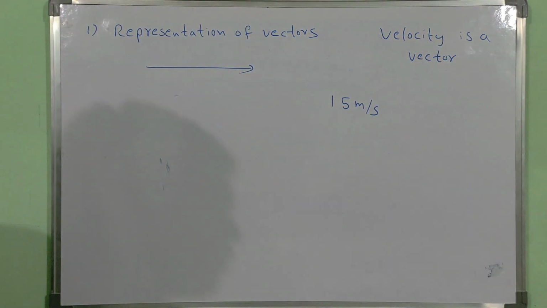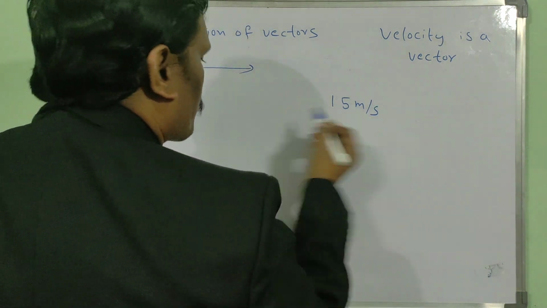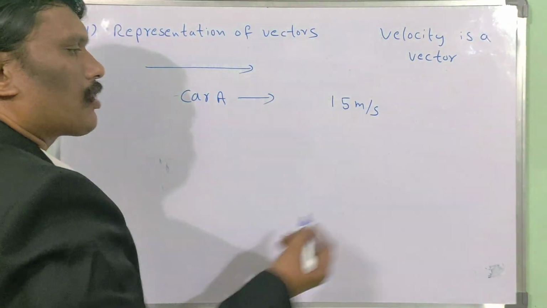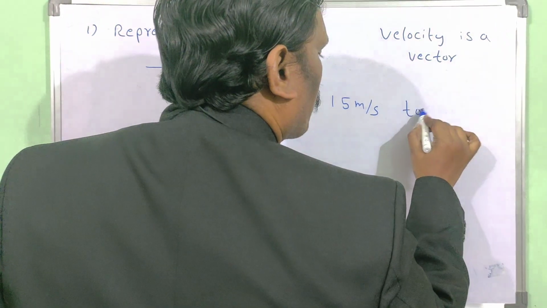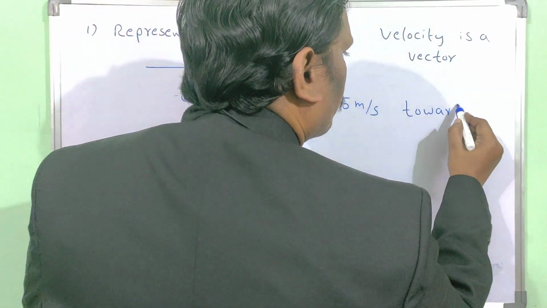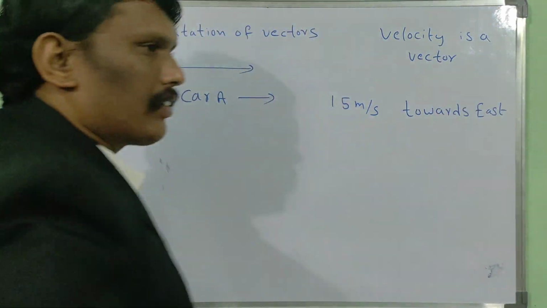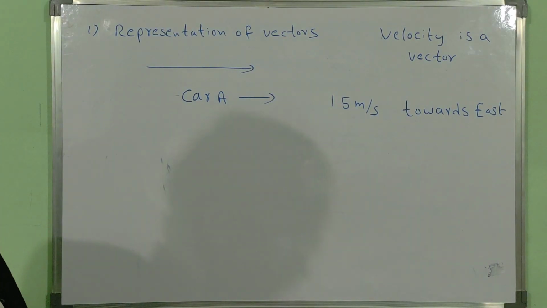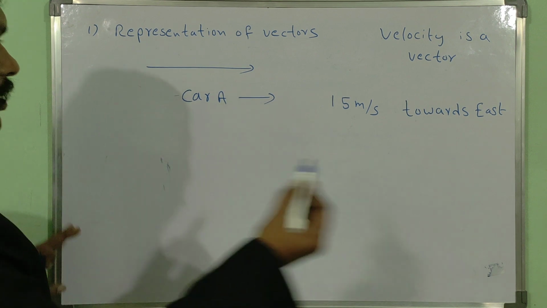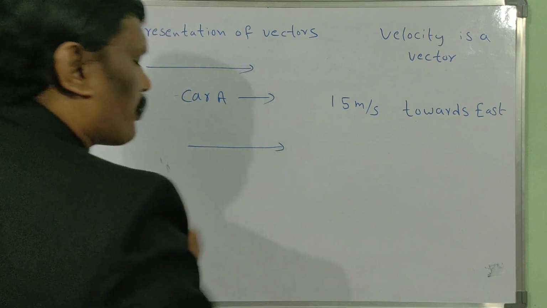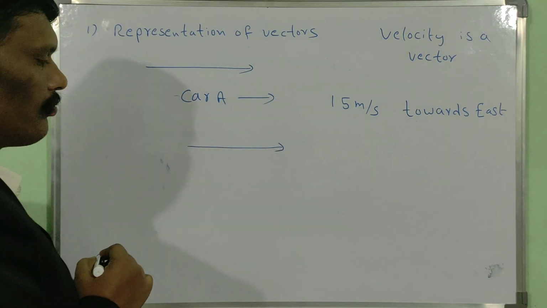I am going to consider that is the car A, 15 meters per second towards east. How to represent? Let us see. I need to take one arrow to represent the velocity vector.